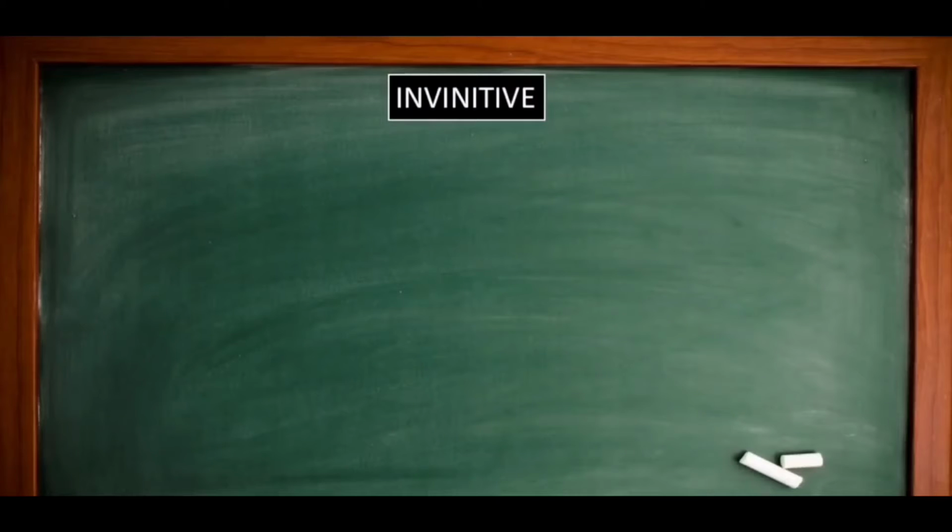Okay guys, we discuss the infinitive. Okay, the first is the bare infinitive, which is a verb one. Even though the subject is in the third person, it is not allowed to use s after the word.